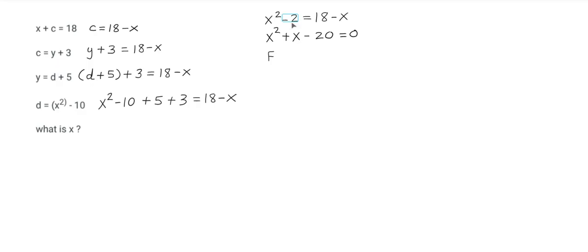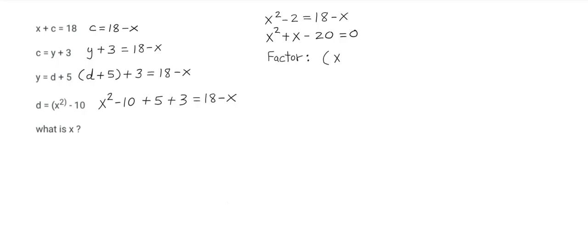So we add 2 on the other side, 20, and we subtract x, or make it an add function on the other side. So we would actually get x squared plus x is equal to 20, but then we bring the 20 over by subtracting it, so we get negative 20, and then we equal the entire quadratic function to 0.